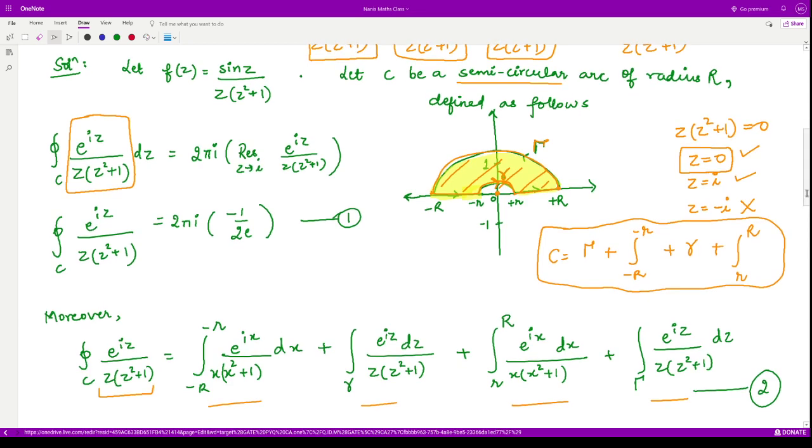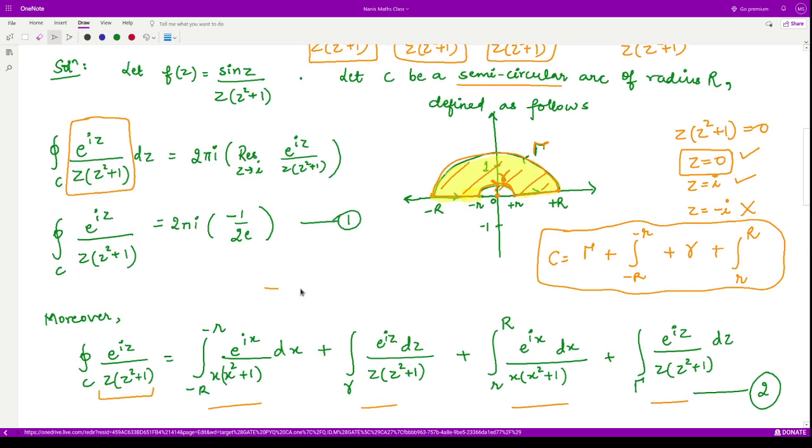Moreover, you can write this integral in another form. Suppose you take this particular semicircle and you have indented it. If you wanted to directly calculate the integral, it would be calculated using the Cauchy residue theorem, which says that the value of the integral is equal to 2 pi iota multiplied by the sum of residues present in that particular region.